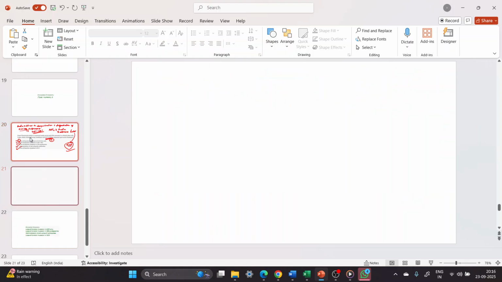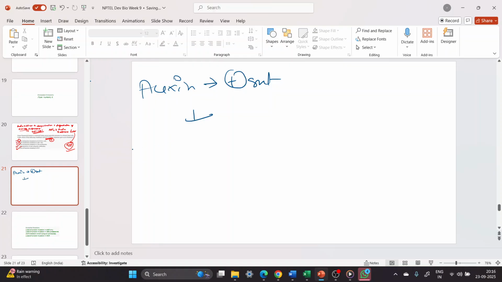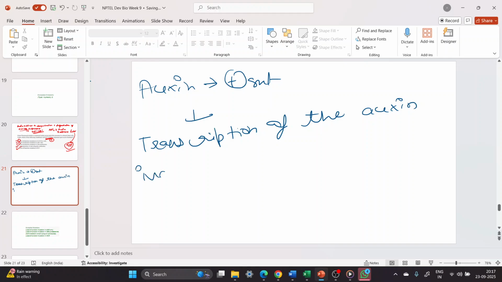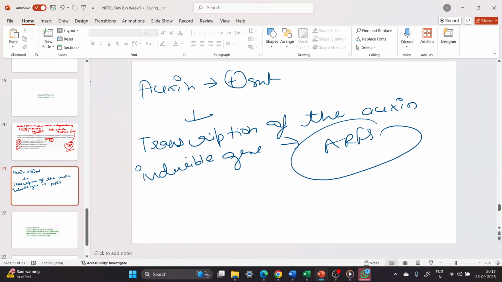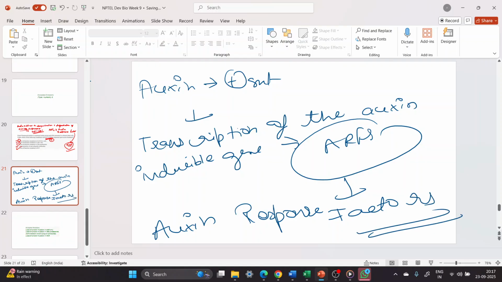So the important thing I wanted to show here: always remember that if auxin is present, then ultimately there will be transcription of the auxin inducible gene through ARFs, which are nothing but auxin response factors.